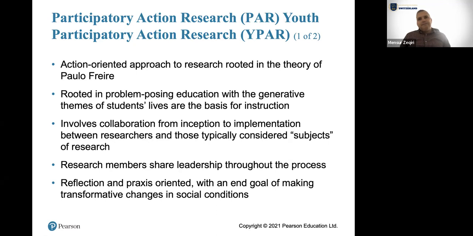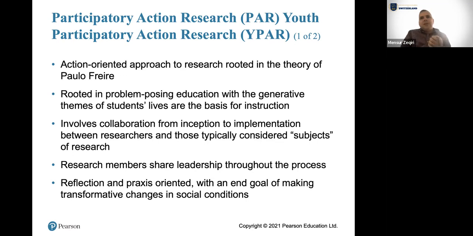So in this kind of perspective or notion of problem-posing education, the generative themes of students' lives were used by this researcher or scholar as a basis for instruction and education.